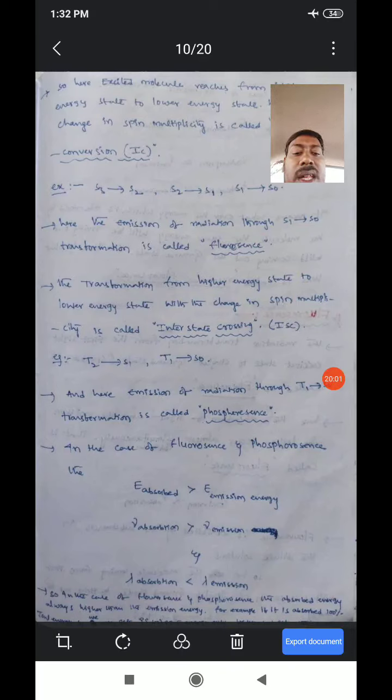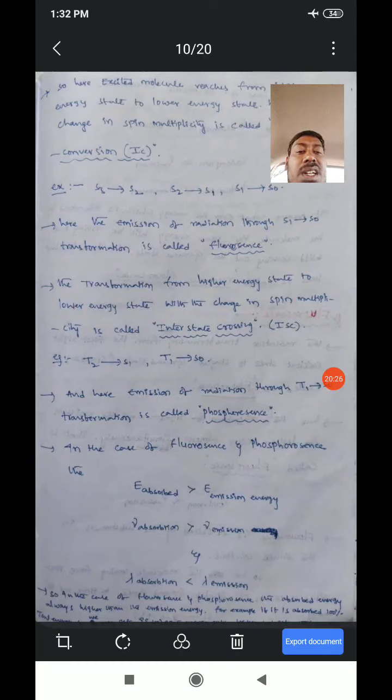The transformation from a higher energy state to a lower energy state with a change in spin multiplicity is called intersystem crossing or ISC.